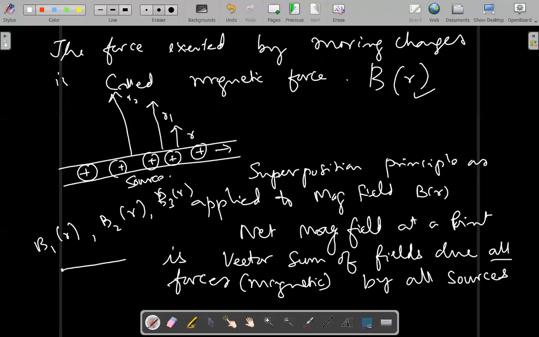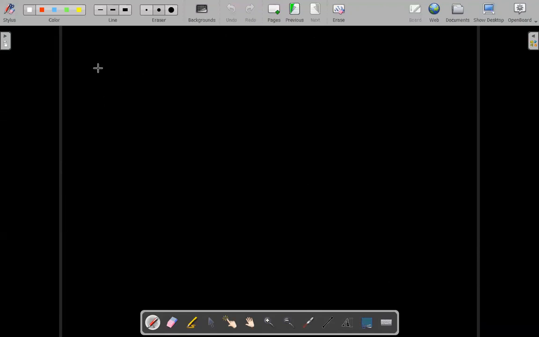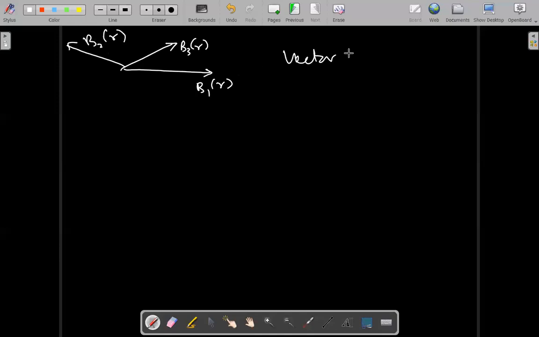B1R is going this way, B2R is going this way, for example, and then B3R is this way. So we have to do the vector sum of these three. If you recall the vectors, we want to find out the algebraic sum or vector sum of all these.